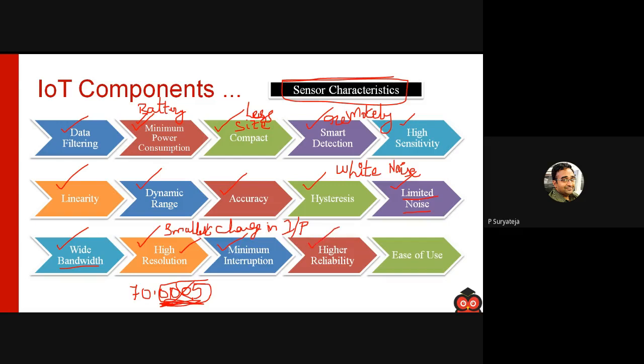And the sensor should provide high reliability. This is somewhat linked to accuracy. The output given by the sensor should be reliable. The least amount of error is expected. And finally, all these sensors should be easy to use. Otherwise, no one will use them.